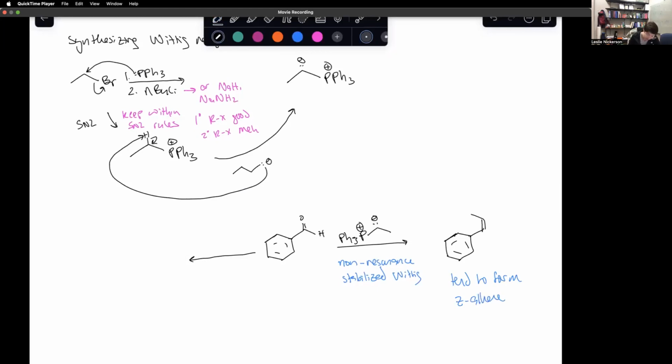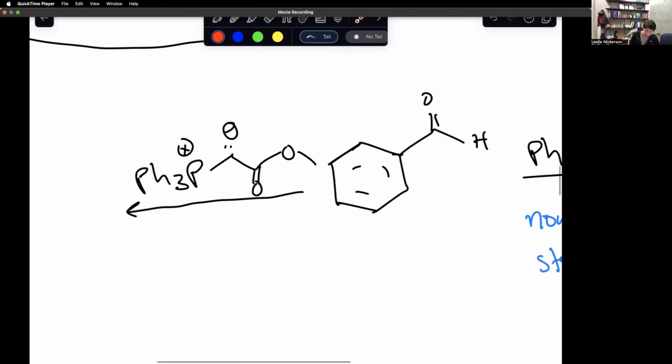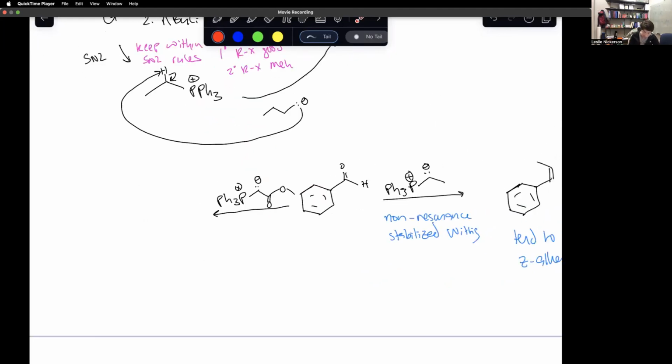Okay, on the other hand, if we come in with a stabilized Wittig reagent, okay, so this one, we're going to zoom in real quick here. We can stabilize this through resonance, going up onto that oxygen through the carbonyl.